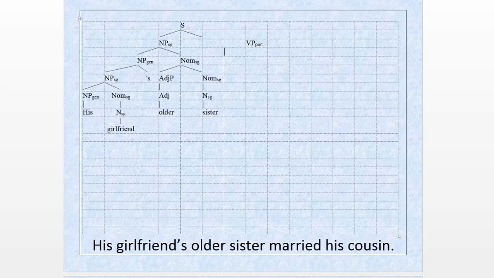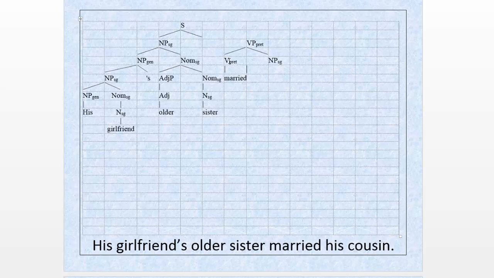You can see why I don't make you guys do this stuff on the computer. There's a lot to deal with. Married, that's going to be our verb. And who did she marry? His cousin. He didn't marry his cousin. She married his cousin.